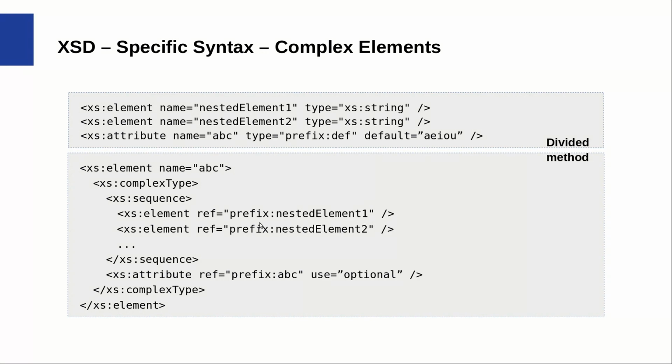For example here, using that document custom prefix in referring to the nested element 1, and at the second element of this complex element, also using the ref attribute referring to the prefix colon nested element 2. So these are two elements nested to the complex element we are declaring, but it works like a simple reference to the elements already declared outside and not as a declaration per se.